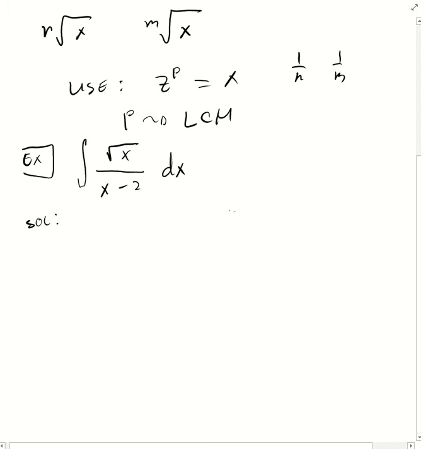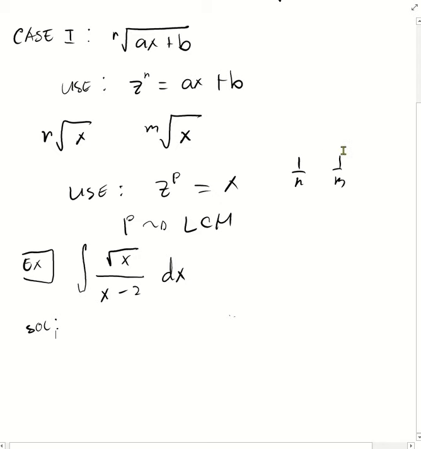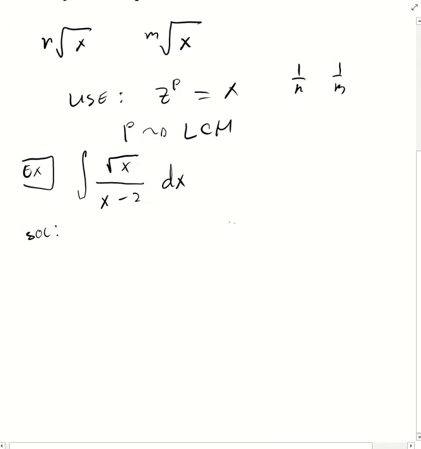The substitution we'll use is z raised to n equals ax plus b. Here we have only x, and n is 2 because it's a square root. If it's a cube root, then n is equal to 3. Therefore z squared equals x, so x equals z squared. Then the square root of x is equal to z.